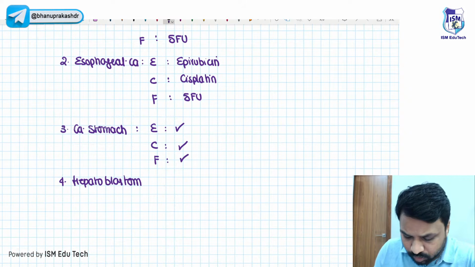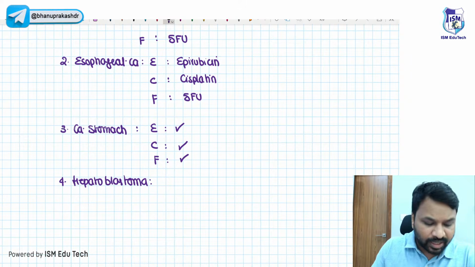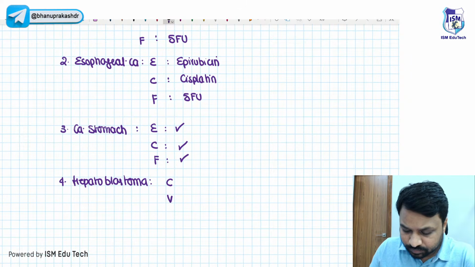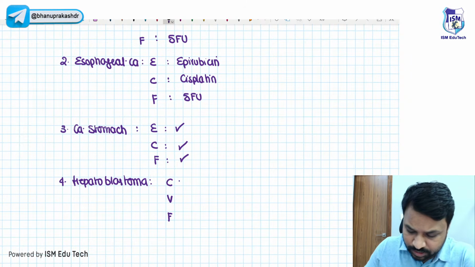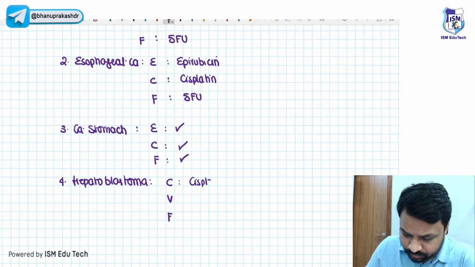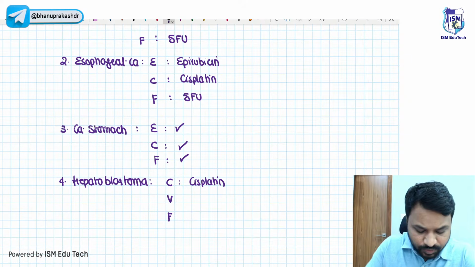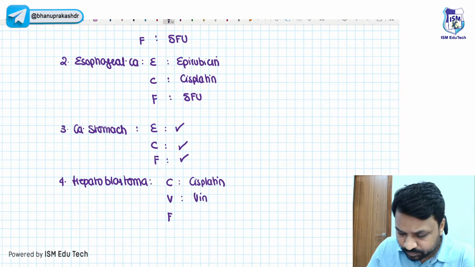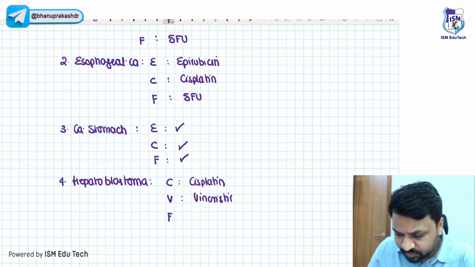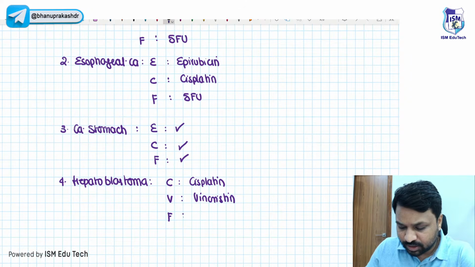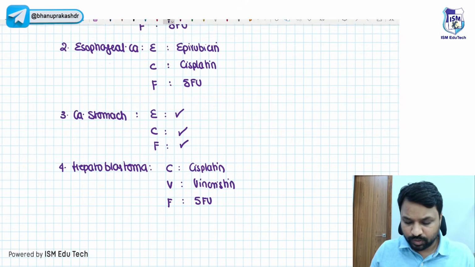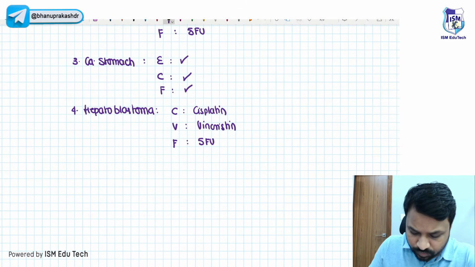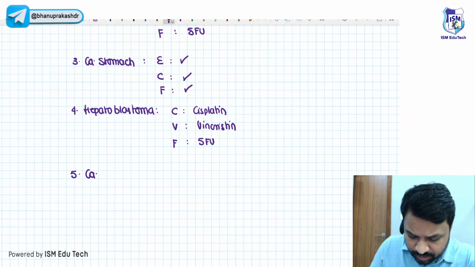For hepatoblastoma, we have the CVF. C stands for cisplatin, V stands for vincristine, and F stands for 5-fluorouracil. Then you have carcinoma gallbladder.